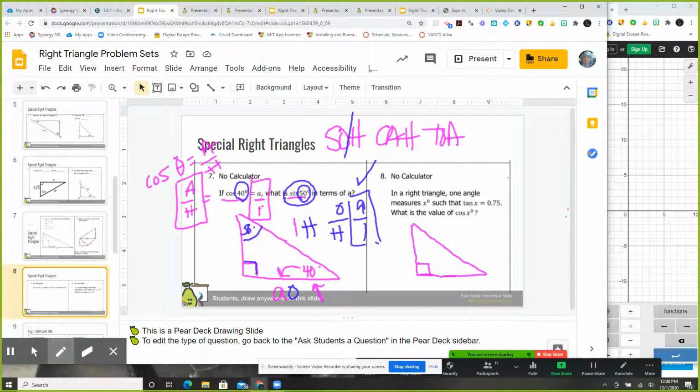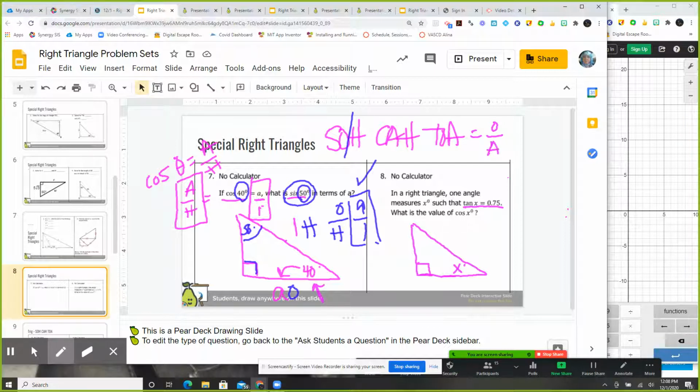We aren't given the 40 degrees like last time, but we're given an X. And then my problem part is here. That tangent of X equals a decimal, and I want the tangent to equal a fraction, O over A. So what can I turn 0.75 into so it's a fraction?